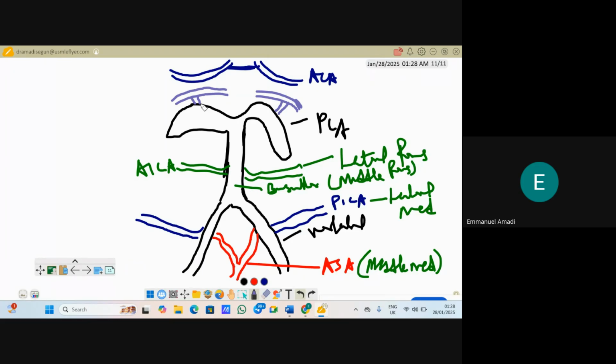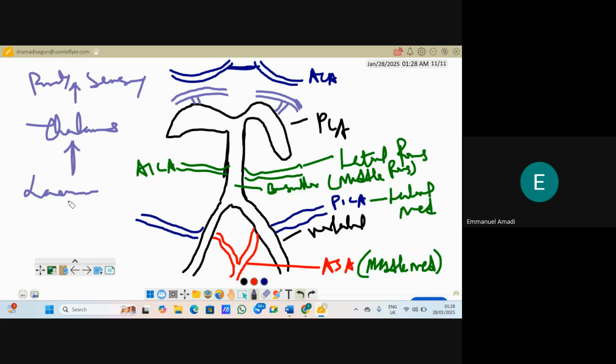If you see a lacunar stroke with pure sensory defects, that is coming from the thalamus. It's a thalamic lesion. So thalamus will give you a lacunar stroke that is purely sensory, no motor deficit.